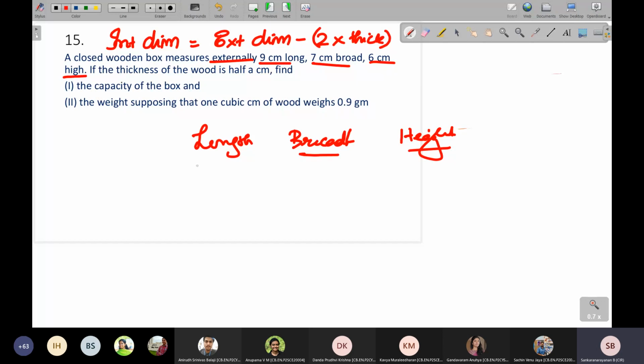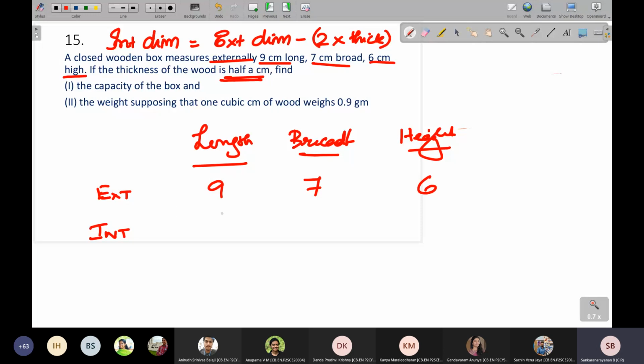The external dimensions are 9 centimeter, 7 centimeter, 6 centimeter. Got it? The thickness is given to be half a centimeter. So now with this, I can find the internal dimensions of this wooden box.